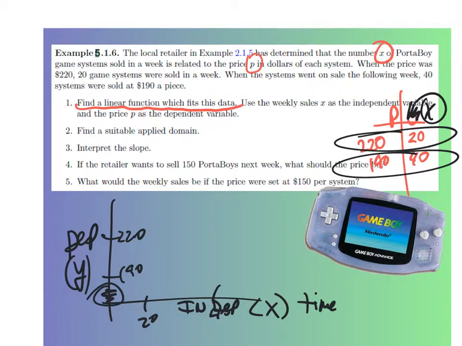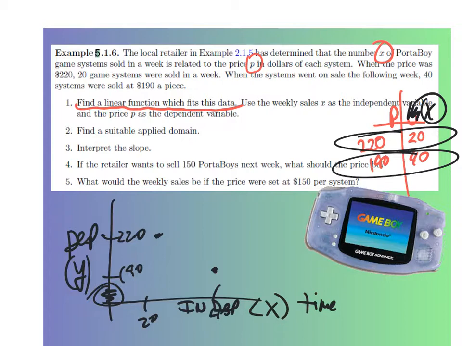Okay, and basically, as we sell more, we will sell more if we have a lower price. So it's kind of like that. Did I have it backwards? I think I do. 220 goes with the 20. Yes. No, that's right. There we go. All right.